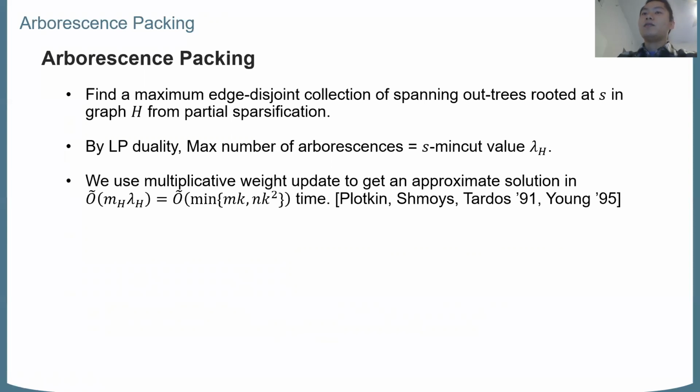That is, we can get an arborescence packing with value 1 minus epsilon times lambda H. And the runtime will be mH times lambda H, which has already been reduced to mk or nH squared.